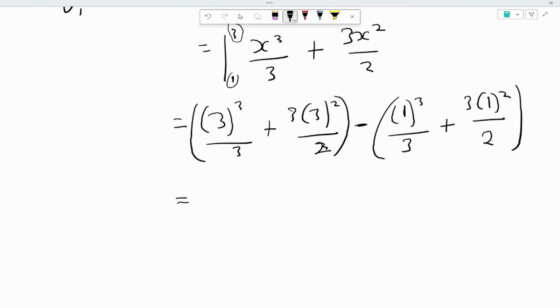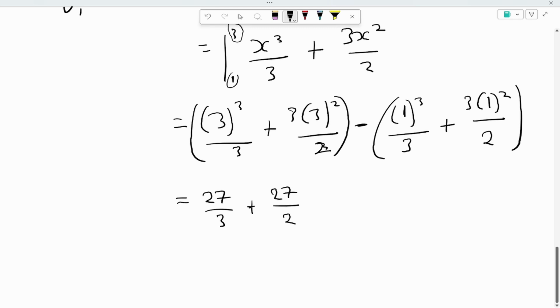So by the time you start the calculation, 3 raised to power 3 will give you 27 over 3. 3 raised to power 2 is, sorry, 9. 9 times 3 is another 27.